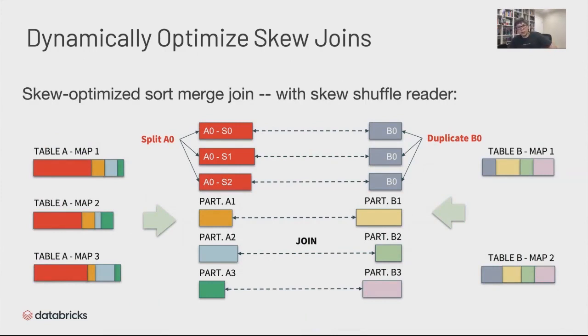It will automatically split the partition A0 into 3 segments and then duplicate the other side, B0. After this, we can parallelize the handling of this big partition. We can avoid the long running task for A0. And overall, it will be much faster now.